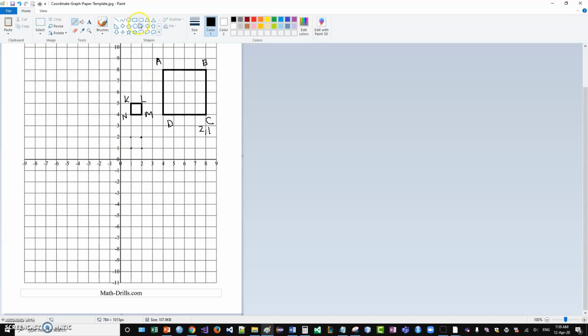Okay, let's draw a square right here. Alright, so this small image is a dilation of this large image with respect to the origin by a factor of 1/4.